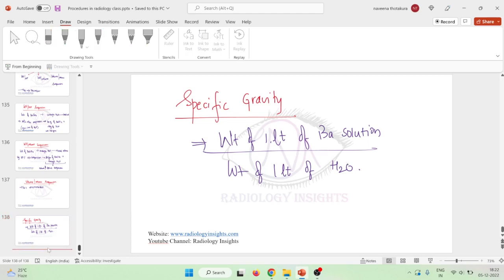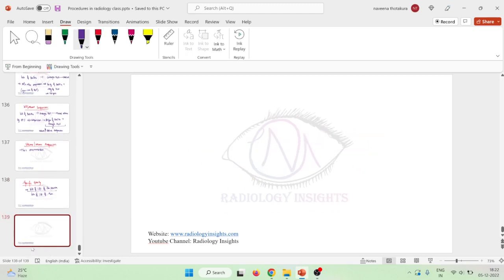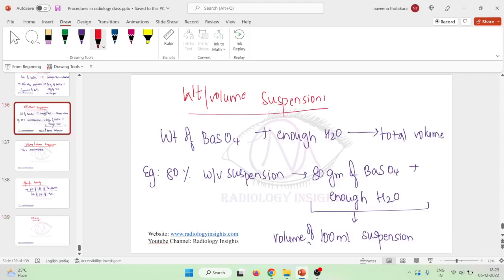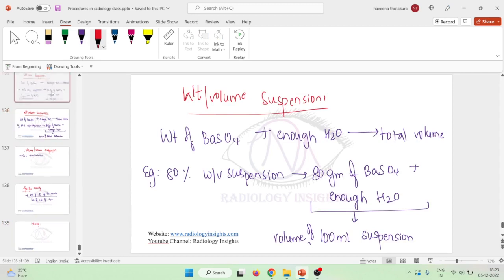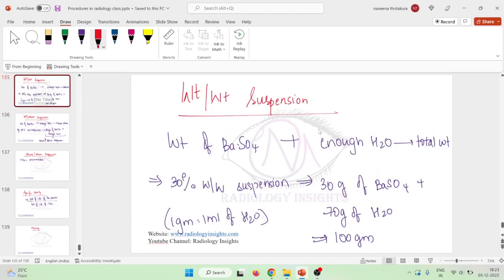Now, you know how much barium you should mix. The only thing we need now is mixing, because we can use either weight by volume or weight by weight suspension. We will take barium sulfate and mix it with water.